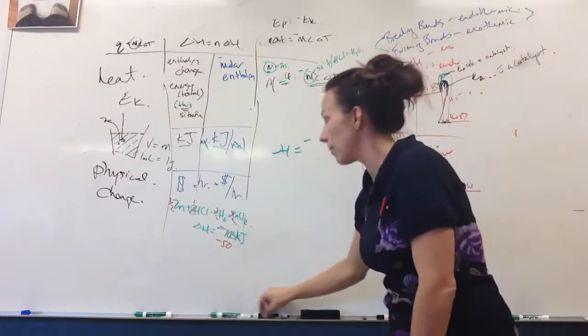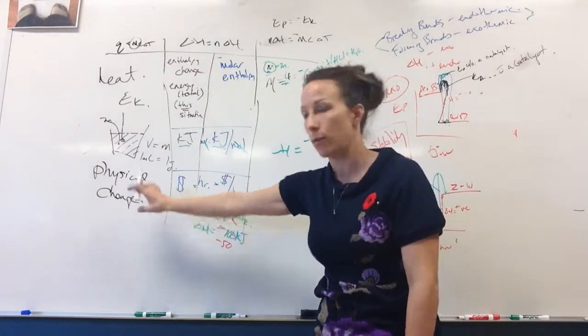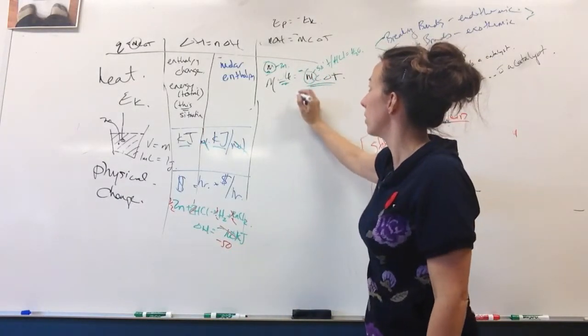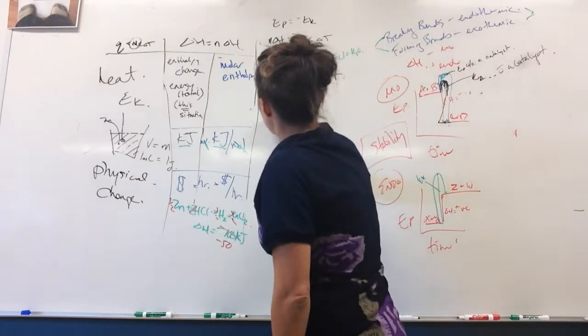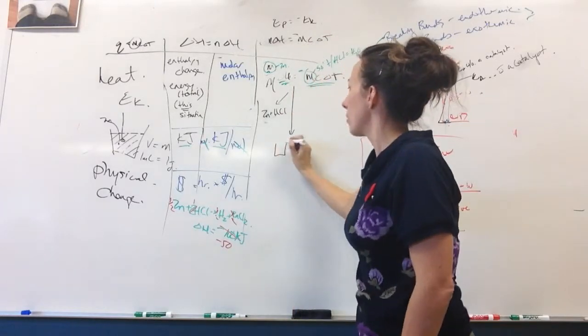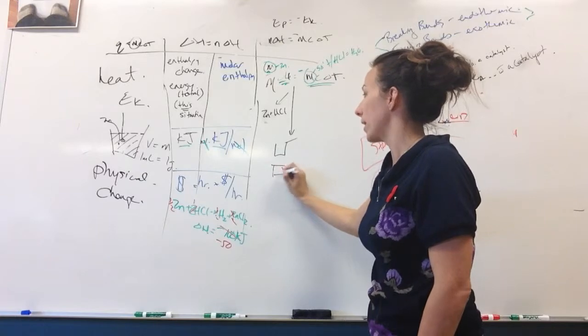So we use this example here. I've just done a zinc and HCl, the zinc mass in the styrofoam cup. But we often also use another example, where you've got a pot of water, remember this, over top of a variety of things.